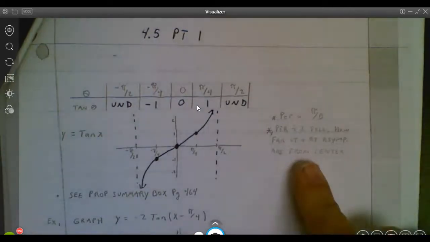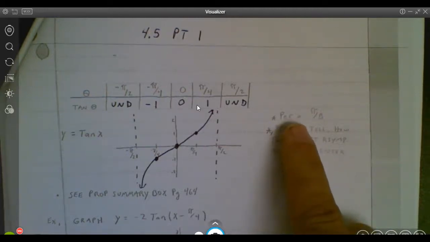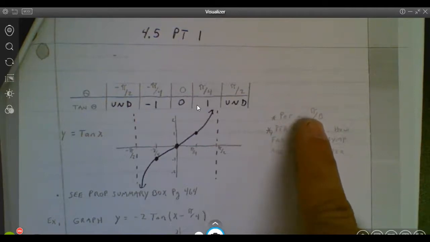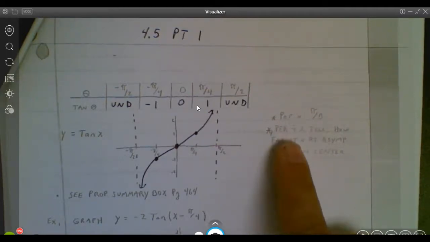So 2 quick side notes over here that are going to be different than sine and cosine. In order to get the period, instead of it being 2 pi over b, it's now just pi over b. And in order to figure out where the vertical asymptotes should go for a function, if we do the period divided by 2, that tells you how far to go left and right from the center of the graph.